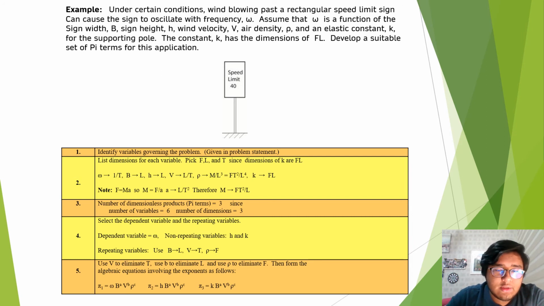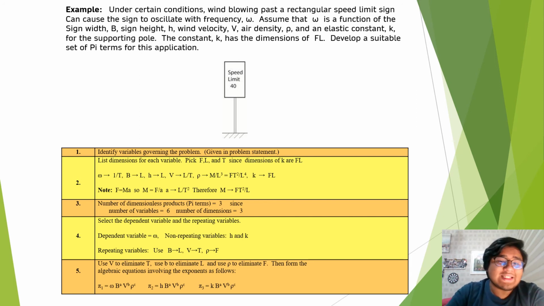So density is equal to Ft squared over L to the power of 4, and K is FL. Note that F equal to MA, so M equal to F over A. A is L over T squared. Therefore we get M equal to Ft squared over L. That's why density is Ft squared over L to the power of 4. So that is the second step.